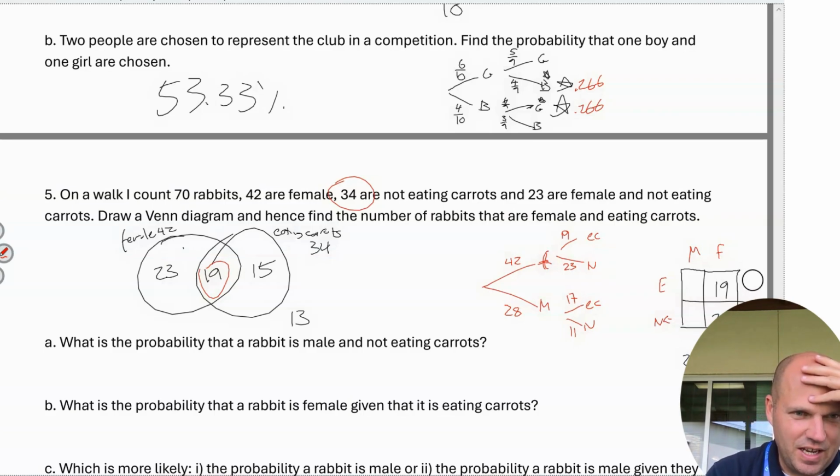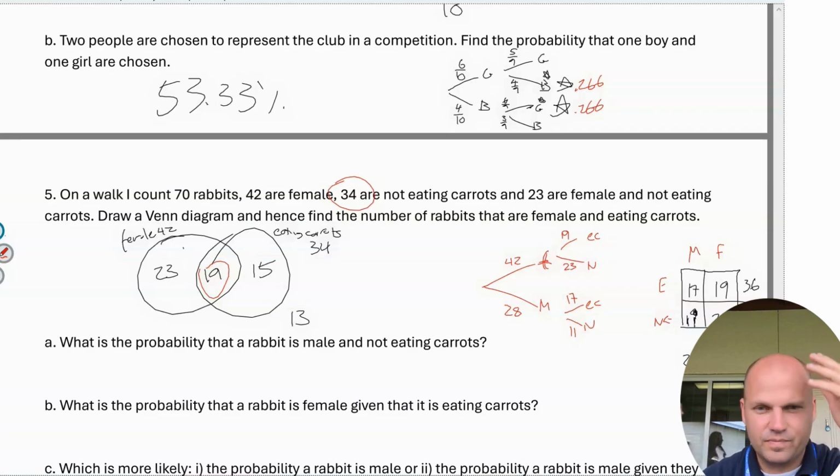We got to get to 70, not 100. Okay, eating carrots, 19 and 17. Yeah. It's eating carrots. This has got to be 11. Yeah, there you go.